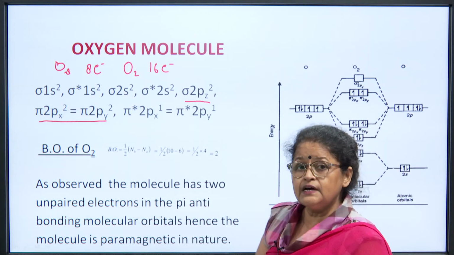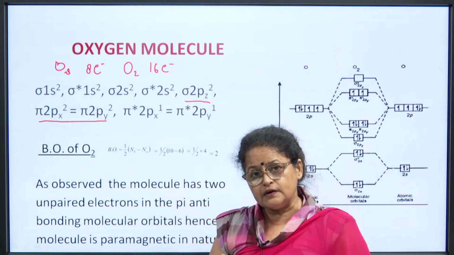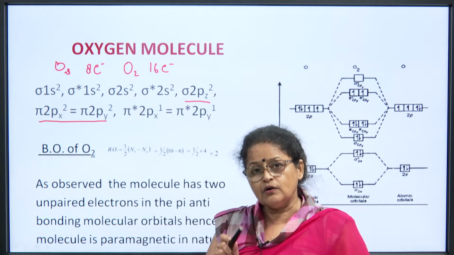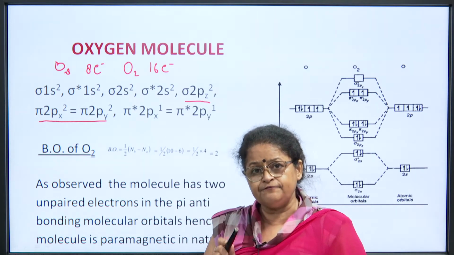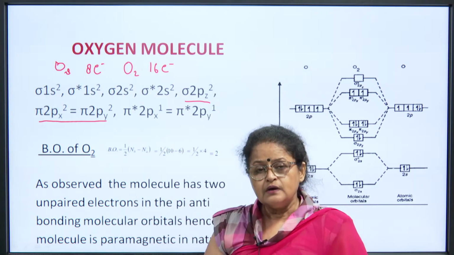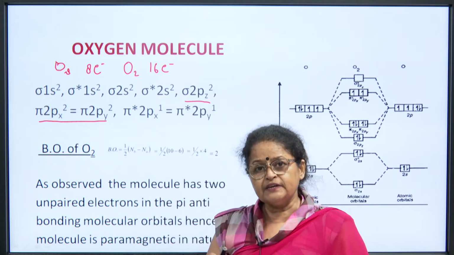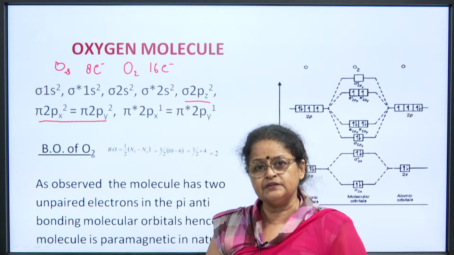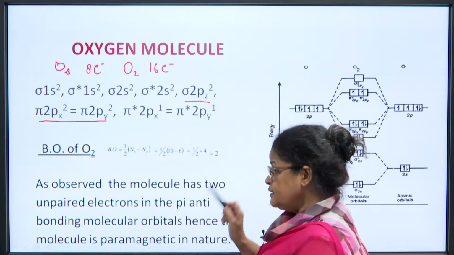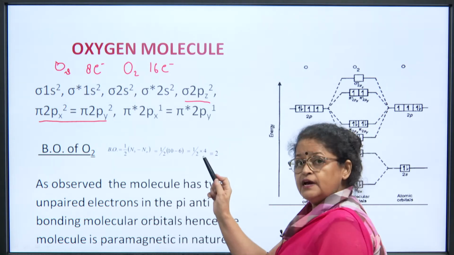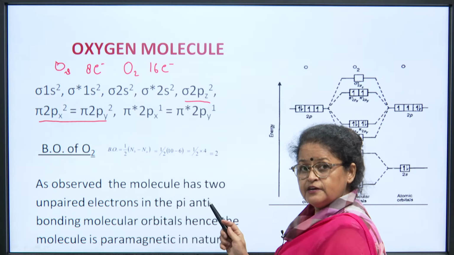Now, when we discussed the limitations of VBT, we very clearly put forward a concept that one of the reasons why VBT failed was its inability to explain the magnetic character or the paramagnetic nature of the oxygen molecule. Herein, the same thing has been taken care of. Now, how has it been taken care of?